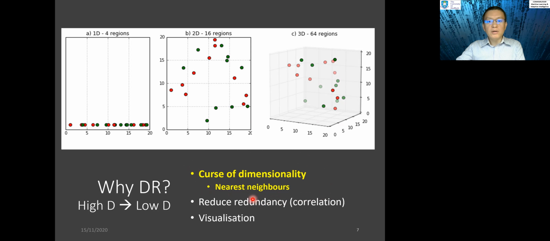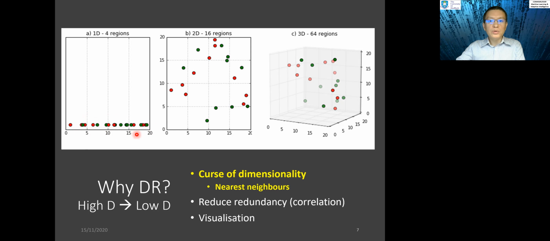It describes the phenomenon that when we are in a low dimensional space, it is relatively easy to tell data apart. In this illustration, we look at one of the simplest classifiers called the nearest neighbor classifier. In 1-dimensional space, you can differentiate your nearest neighbor and neighbors that are far away very easily.